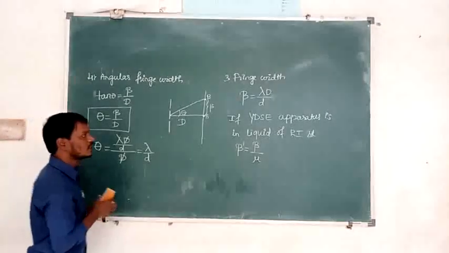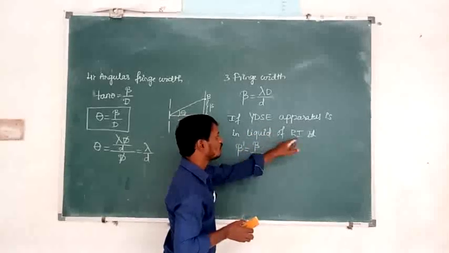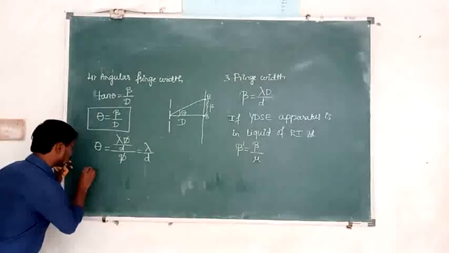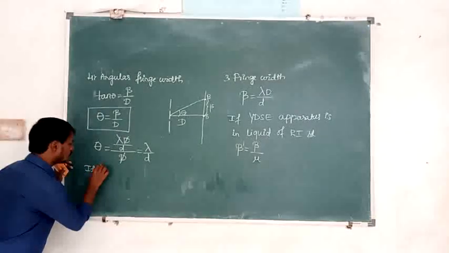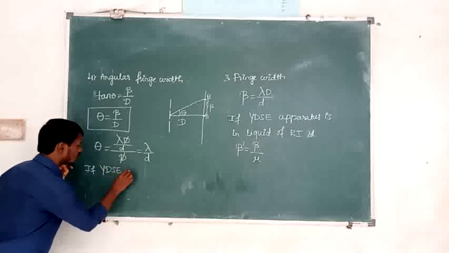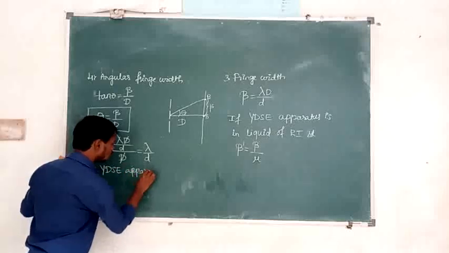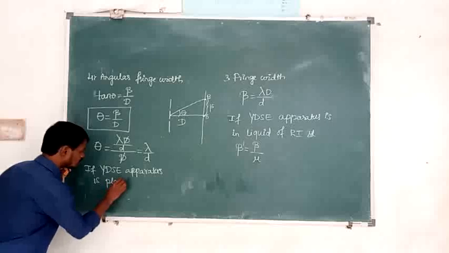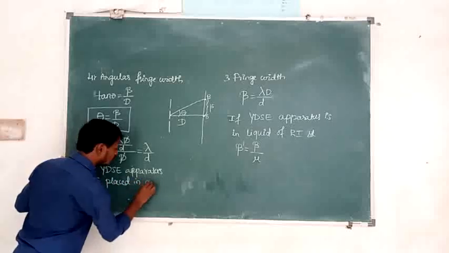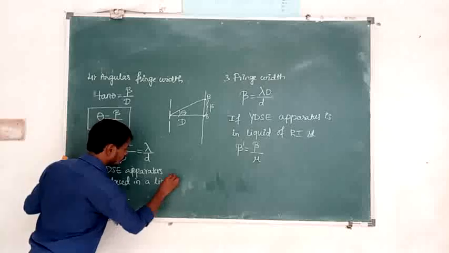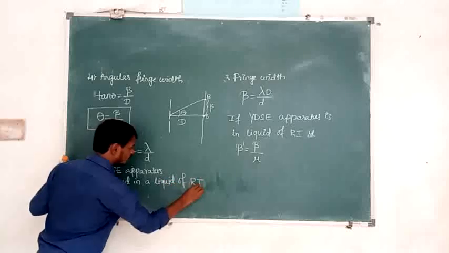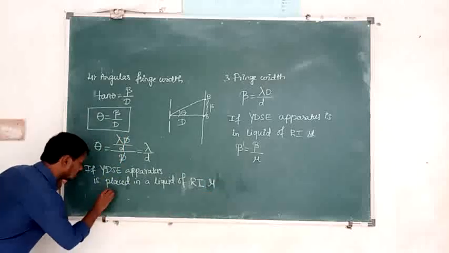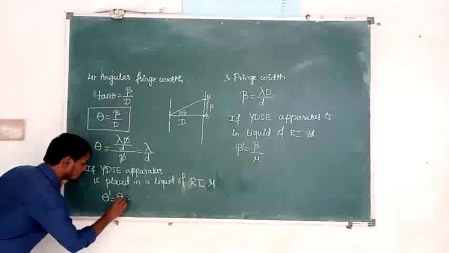Suppose this Young's double slit experiment is in a liquid of refractive index mu. What is the angular fringe width? So if the Young's double slit experiment apparatus is placed in a liquid of refractive index mu, we can write theta dash is equal to theta by mu.